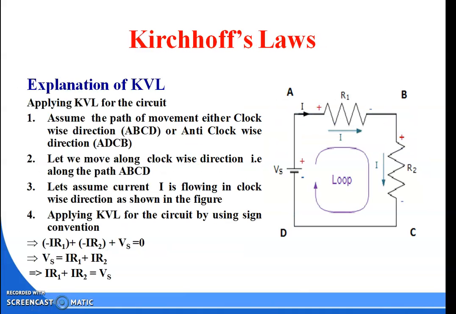KVL is the explanation of resistances connected in series. That means in series connection we have the voltage division rule. KVL also acts as a voltage division rule in any circuit.